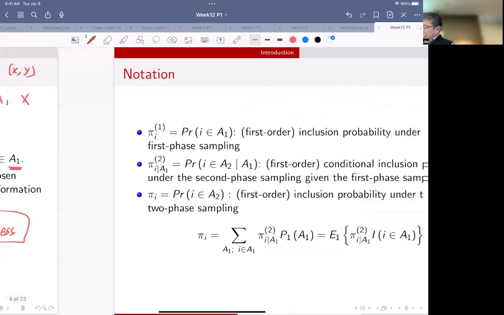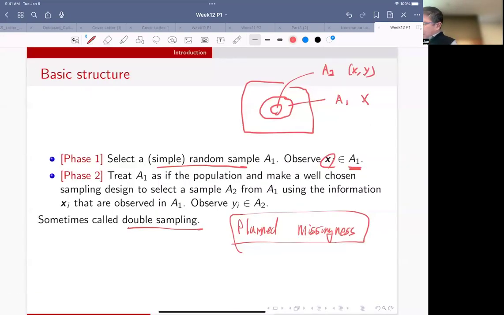So why are we doing this? Because the measurement for Y could be very expensive. For example, X is health-related information from a survey. You can obtain measurements on health-related information from the survey, and the cost is only for obtaining the survey.